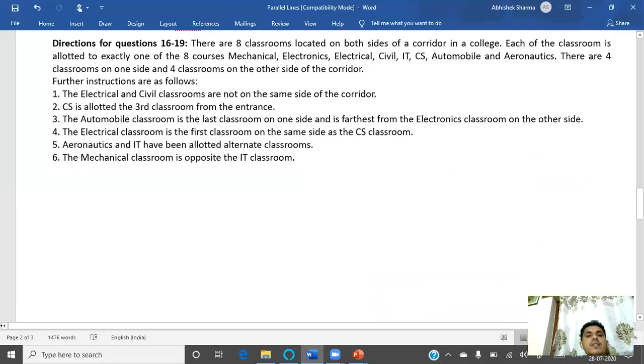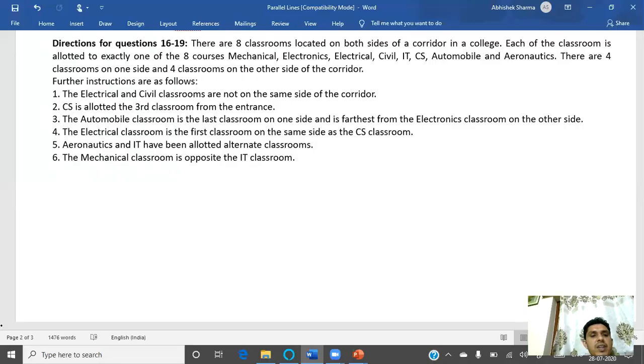Right? So friends, this question is, there are 8 classrooms located on both sides of a corridor in a college. Each of the classrooms is allocated to exactly one of the 8 courses: mechanical, electronics, electrical, civil, IT, CS, automobile, aeronautics. There are 4 classrooms on one side and 4 classrooms on the other side of the corridor.